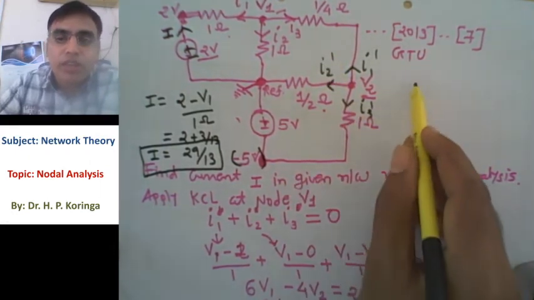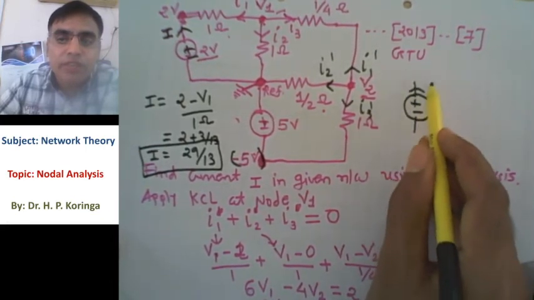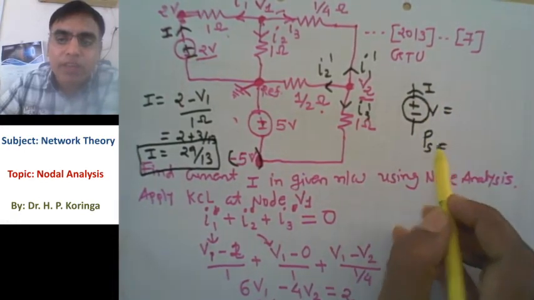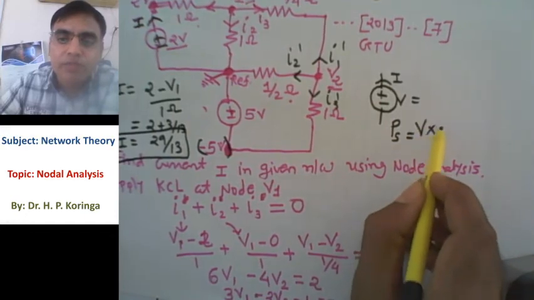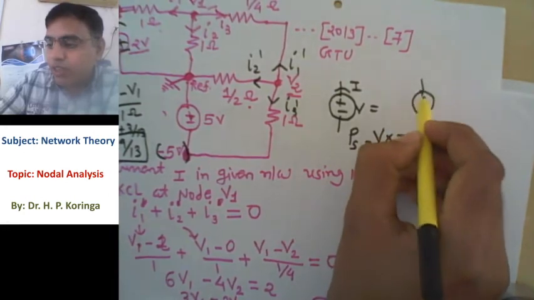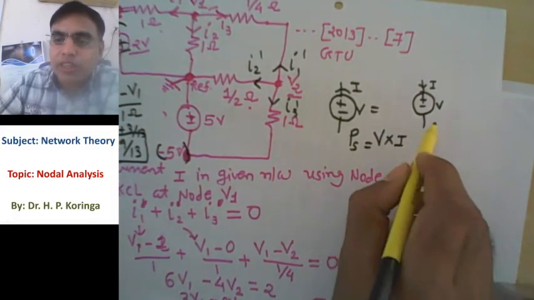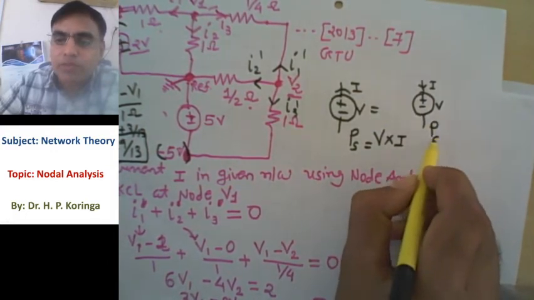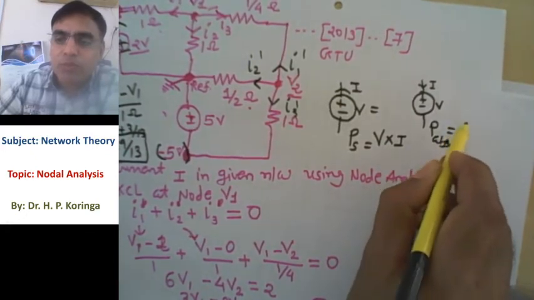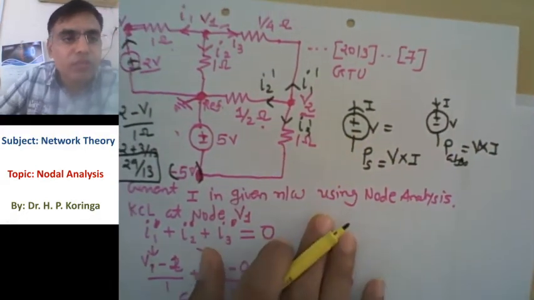So whenever the current is coming out from the positive terminal, we can say this voltage source is supplying the power, and the value of supply power is V into I. And whenever in any voltage source the current is incoming at the positive terminal, then it is absorbing the power, and the value of absorbed power is V into I. That much power is absorbed by this voltage source.